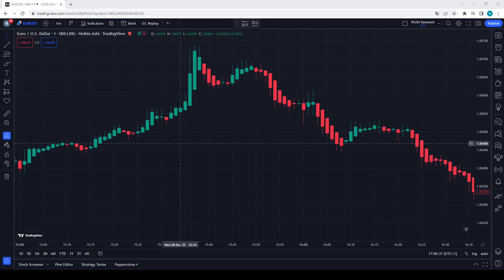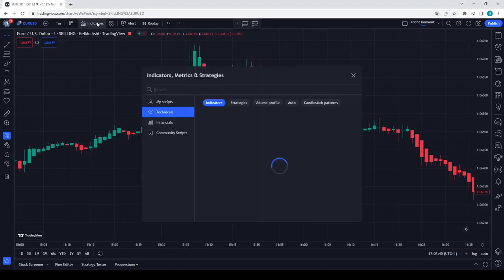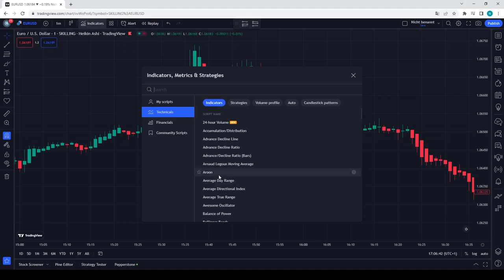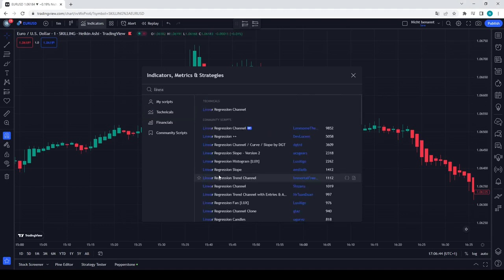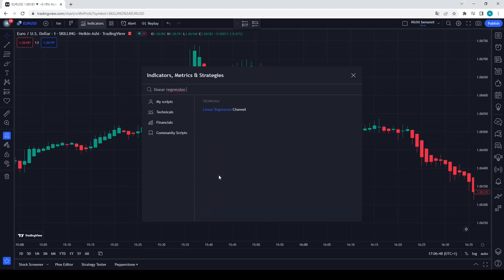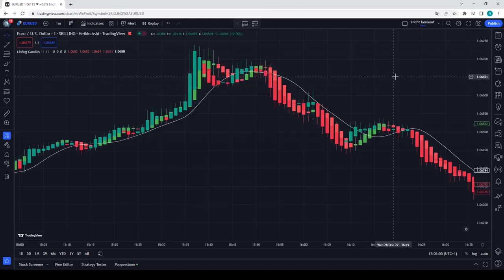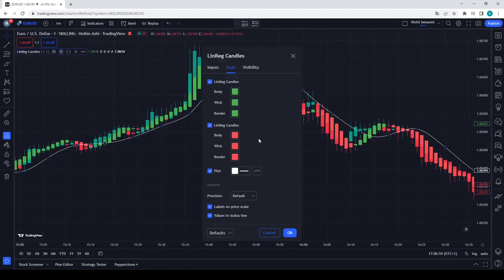For the setup, we only need two different indicators. Let's start with the first one. The first indicator we need is the linear regression candles. Important, the candles, not the channel. This one is what we need, and we are going to make some changes to it.